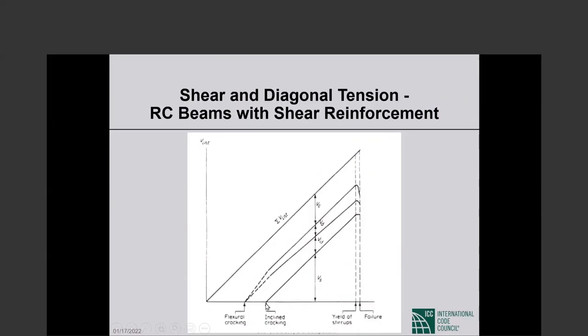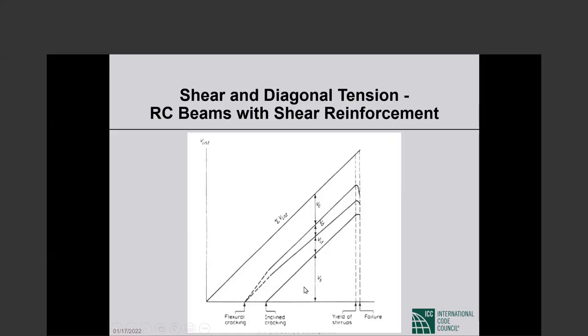Until inclined cracks open up, the stirrups don't do anything. Okay, they have to be in a way activated. They have to be crossed by diagonal cracks. But once diagonal cracking starts, the stirrups go on carrying increasing amounts of shear. Okay. The contributions of the other components are more or less constant.